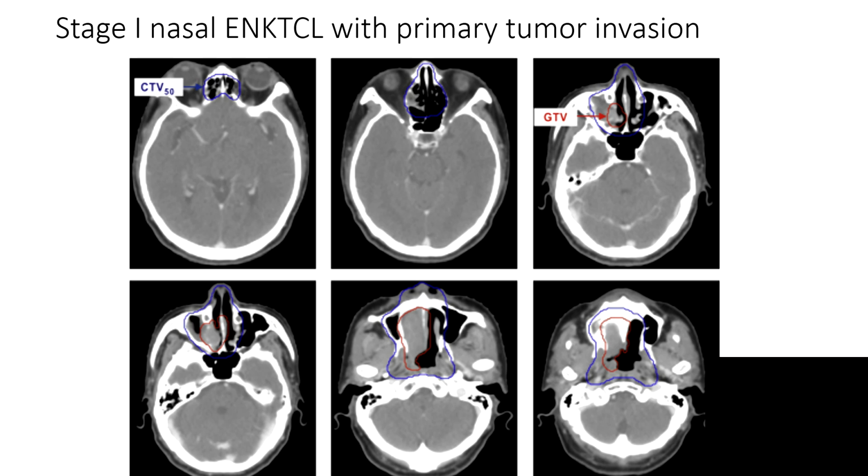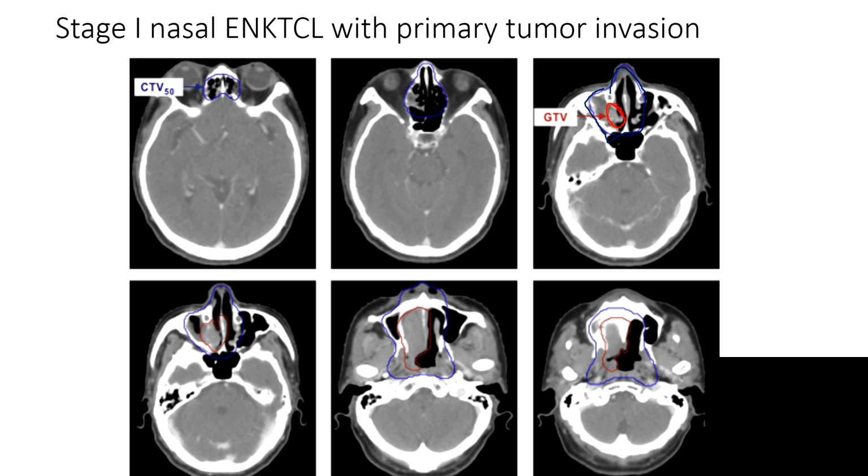This is an example of stage 1 NKT cell lymphoma. This is a tumor in the right nasal cavity involving and invading into the right maxilla. You can see that the CTV is outlined in blue, including the entire maxilla on the right, the medial left maxillary wall, and the entire nasal cavity.